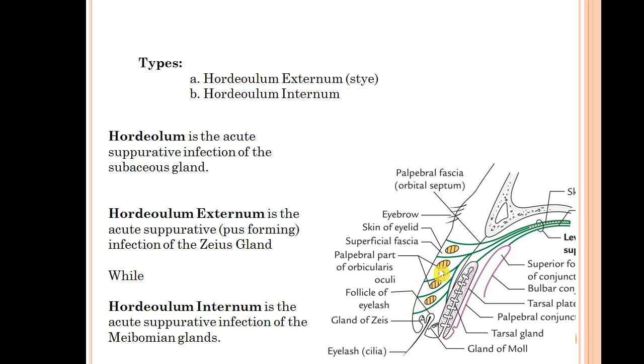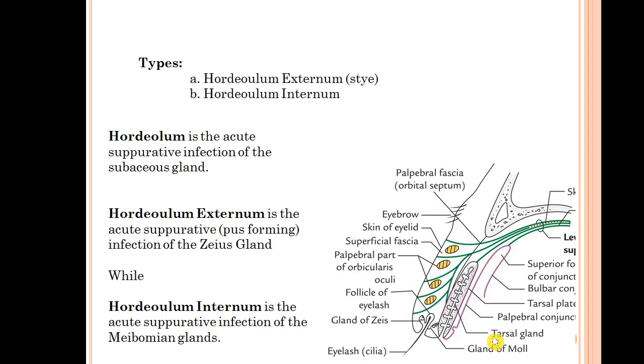Again, you have skin, then you have muscles, and you have this levator palpebrae muscle. Its fibers are coming all over here. Then over here you can see that at the hair follicle you have two associated glands with it, the gland of Zeiss as well as the gland of Moll, and on the other hand in the tarsal plate you have the meibomian gland.